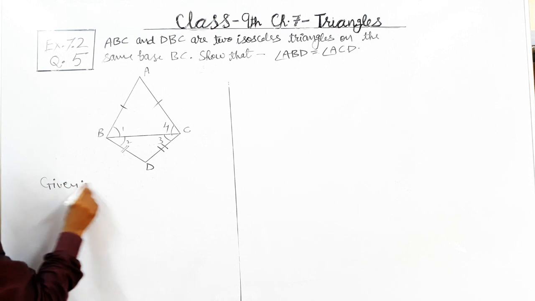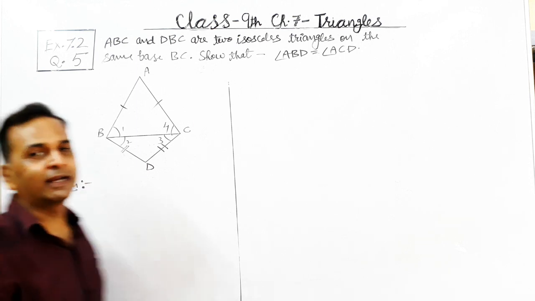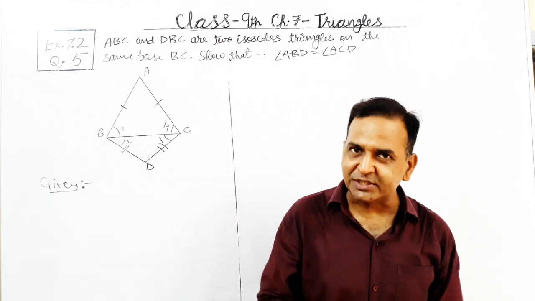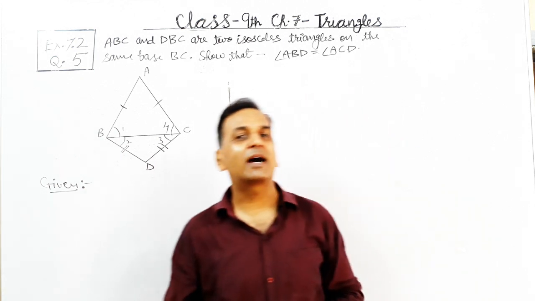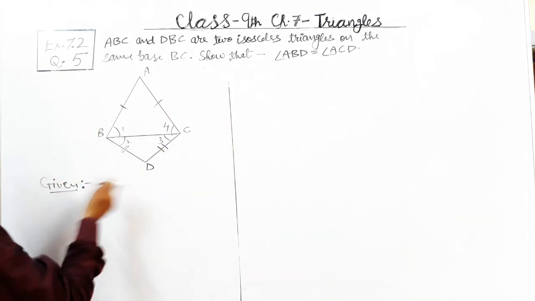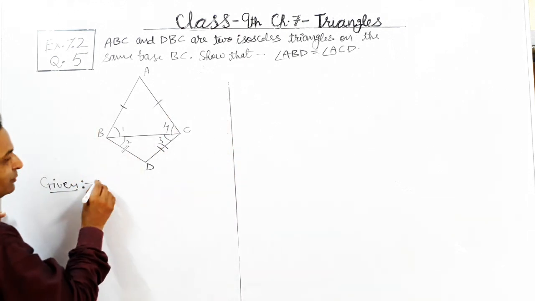We actually have two triangles, triangle ABC and triangle DBC, which are lying on the same base BC, where AB and AC are equal and DB and DC are equal. So how can we represent this information?